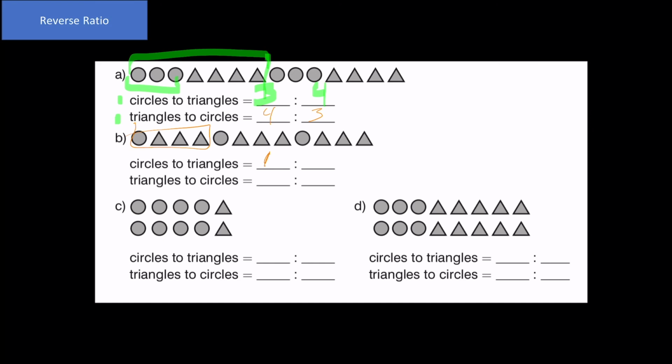So I have 1 circle to every 3 triangles, or 3 triangles to every 1 circle. And here, how many circles to triangles? Well, I have 4 circles to every 1 triangle, or 1 triangle to every 4 circles. And I have 3 circles to every 5 triangles. It's 5 triangles to every 3 circles. So it's not so complex.